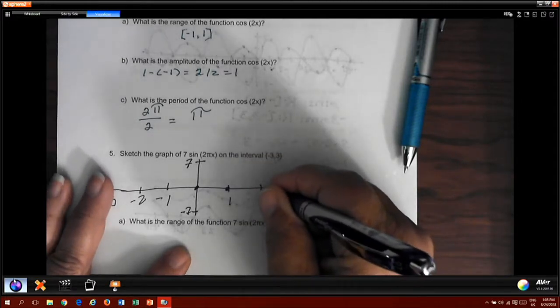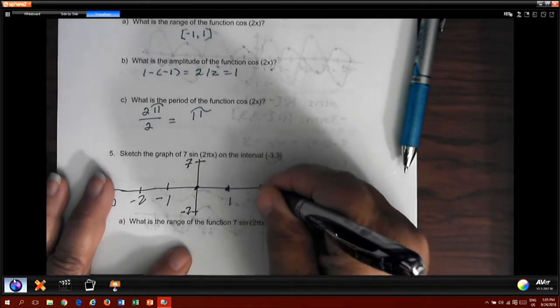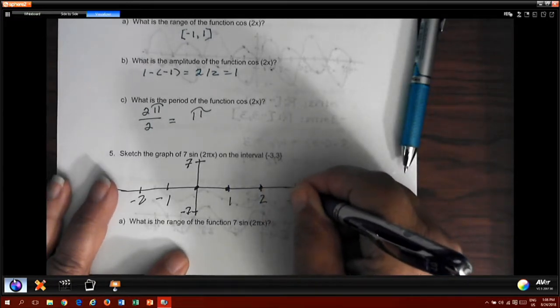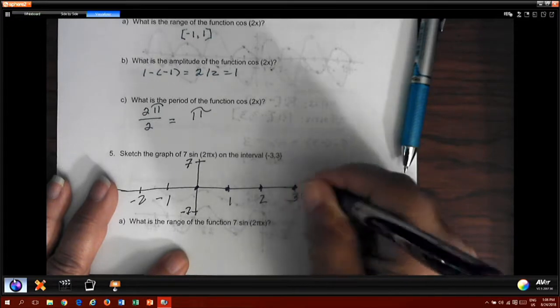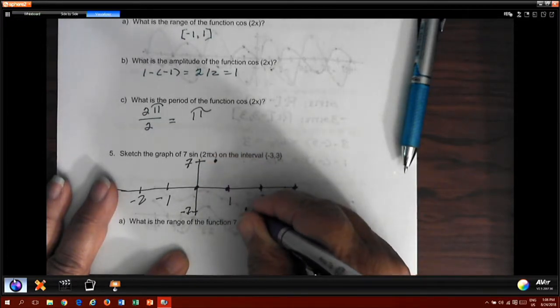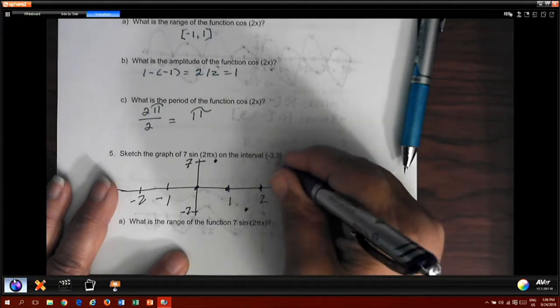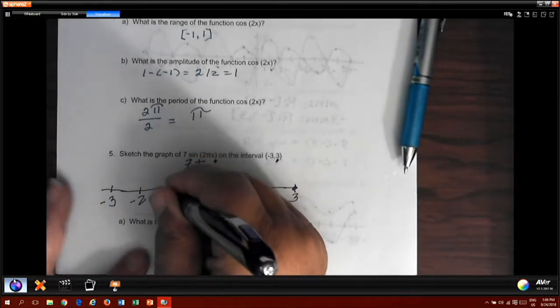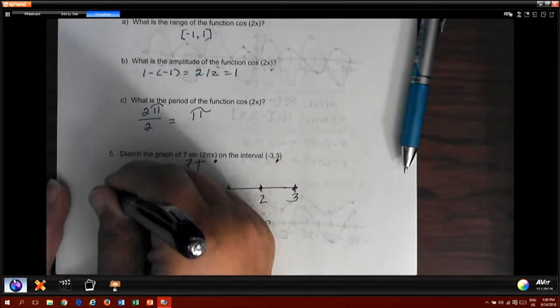At 2, 2 pi times 2 is 4 pi, so it's 0. At 3, 2 pi times 3 is 6 pi, so it's 0. So that means we have to go up halfway in between 0 and 1, down in between 1 and 2, and up in between 2 and 3. And then it's going to go the opposite way.